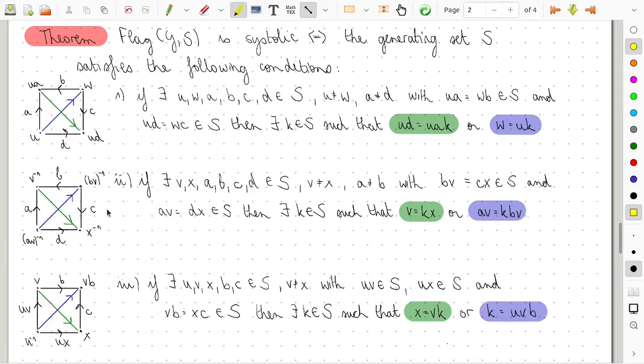This statement corresponds to this cycle of length 4 here. If V and X are elements in S, then the vertices corresponding to V and X are in the link of the identity, but the vertices corresponding to the inverses, so to V inverse and X inverse, are also in the link of the identity.